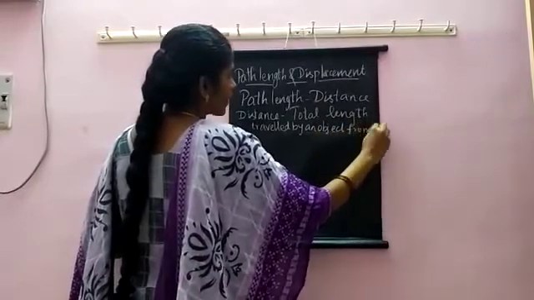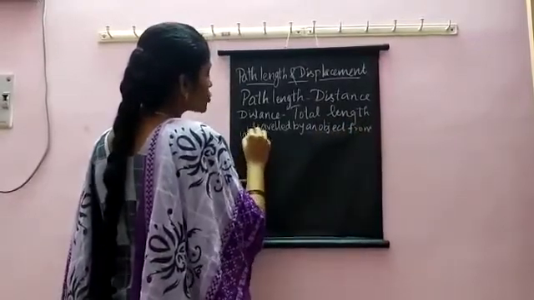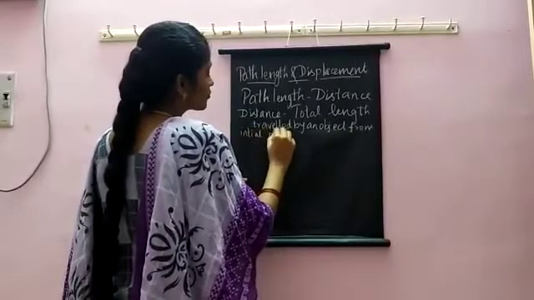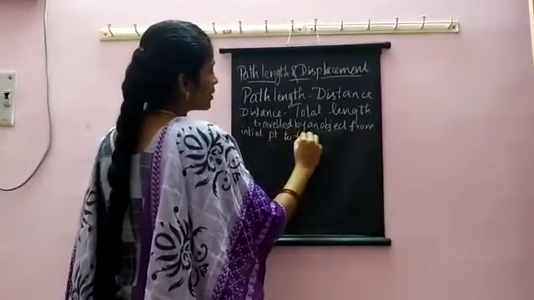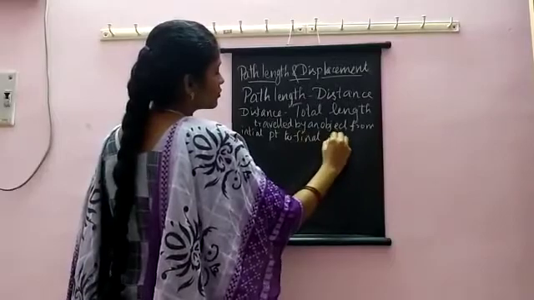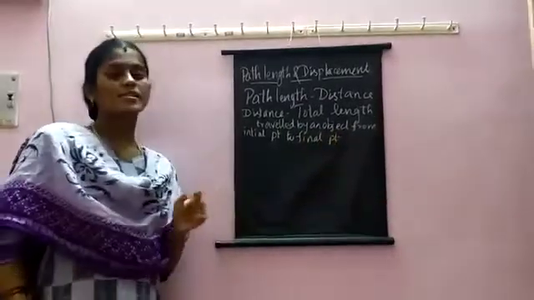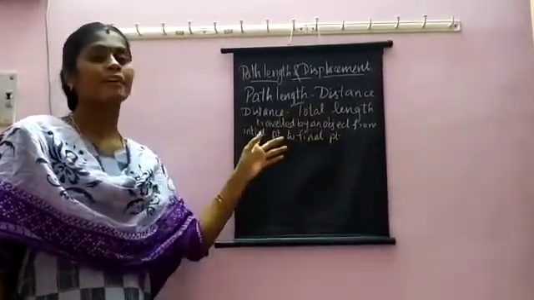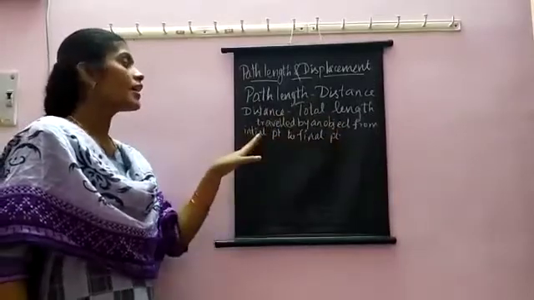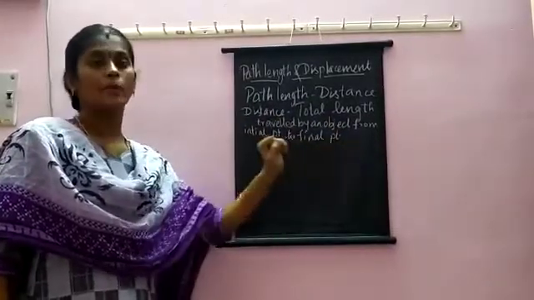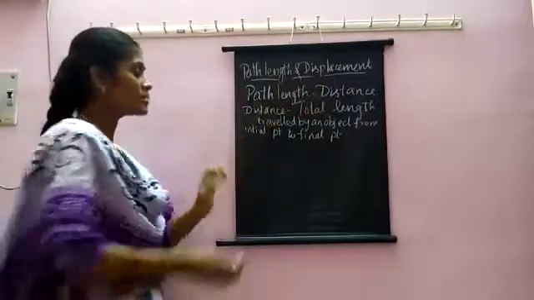Distance is nothing but the total length traveled by an object from the initial point to the final point. Next one, displacement.